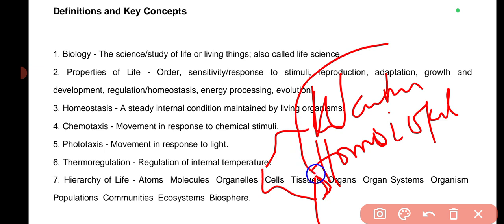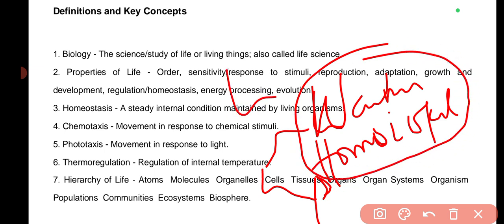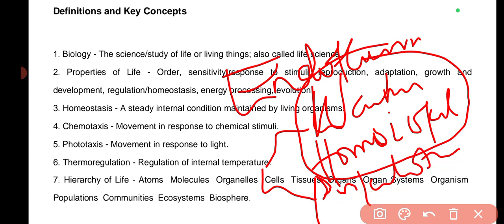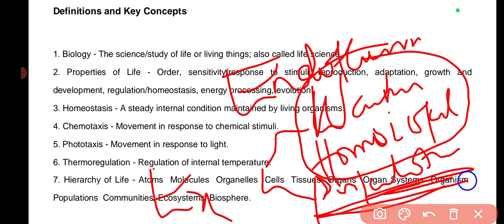The warm-blooded ones are also called endotherms, and most mammals are endotherms. Then we have poikilotherms. Poikilotherms are cold-blooded. Most aquatic animals basically are ectotherms or poikilothermic or cold-blooded.